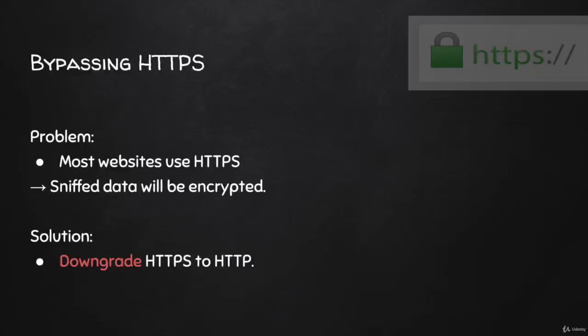To do this, we'll have to manually configure and use a tool called SSL strip. And I show how to do this in my more advanced courses. But luckily, Man in the Middle F automatically configures and starts this tool for us.